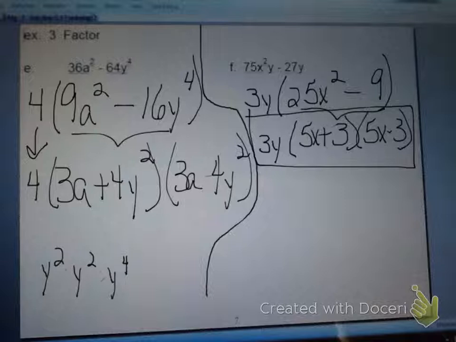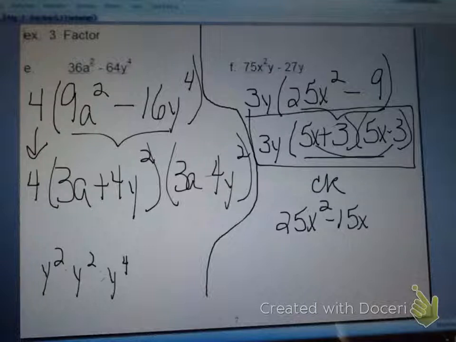To check this, let me multiply. It doesn't really matter which factors you multiply first. I'm going to go ahead and multiply the two binomials together doing the FOIL method. 5 times 5 is 25x squared. My outside term is a negative 15x. My inside term is a positive 15x.